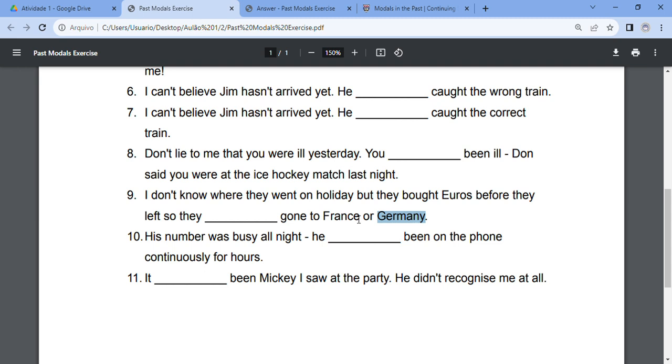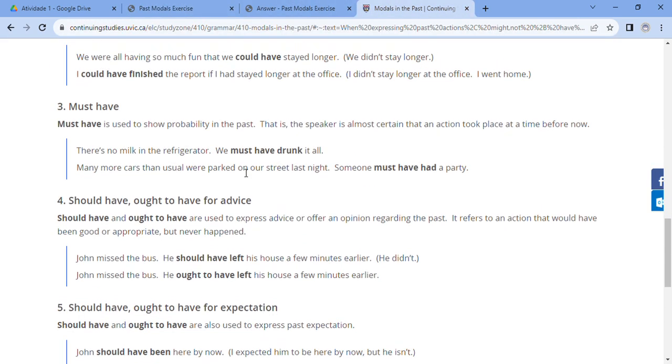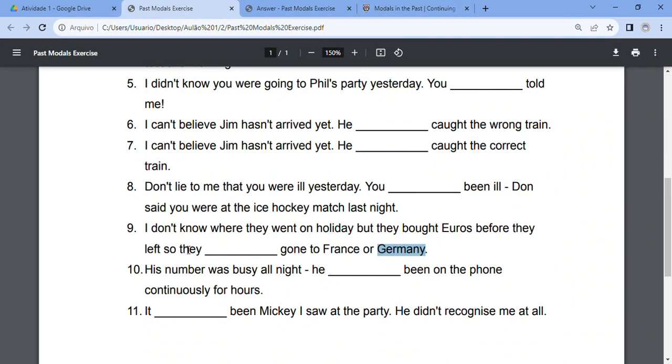So you need to use the might, right? Because let's go back here. Might is used to show past possibility. So you are guessing about what happened. I don't know where they went. See? You don't know. There's no certainty. They went on holiday, but they bought euros before they left, so they might have gone to France or Germany. Might have.